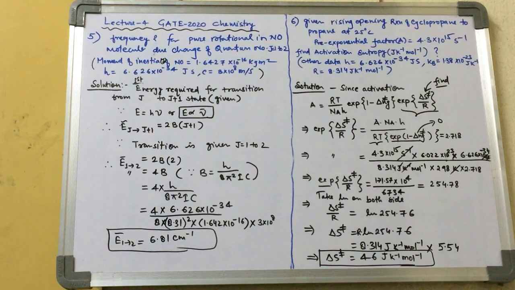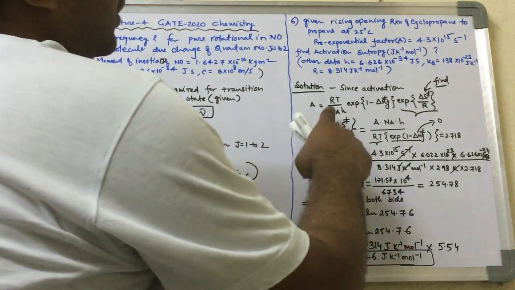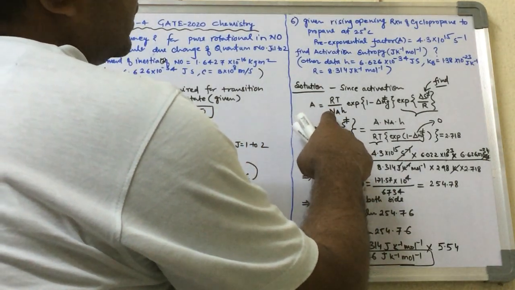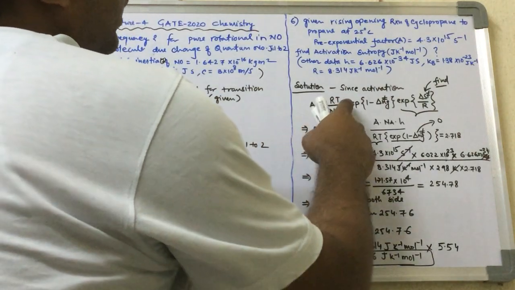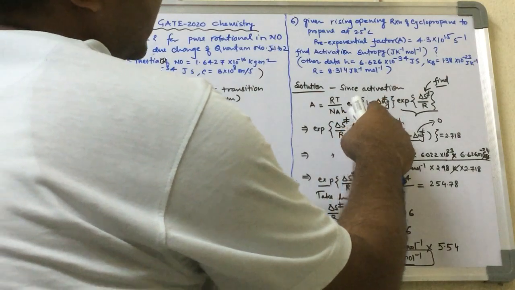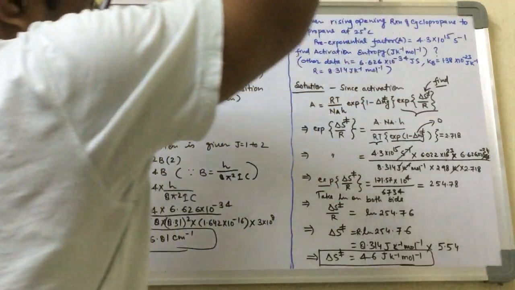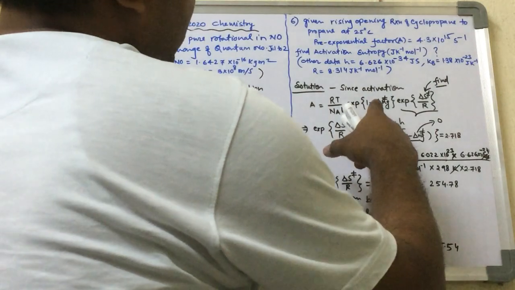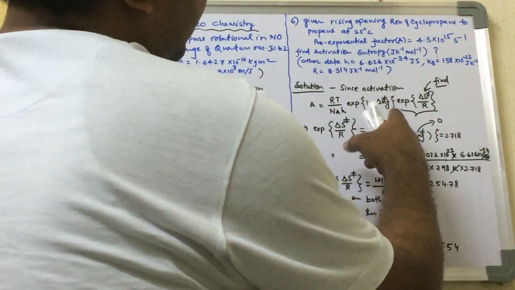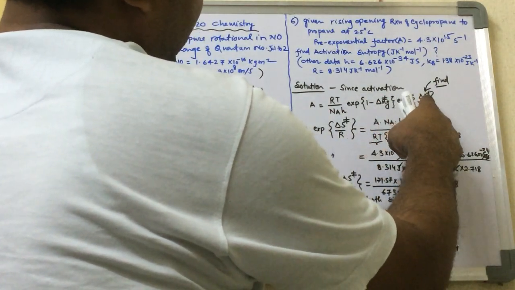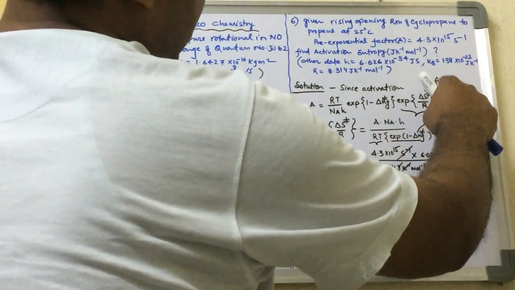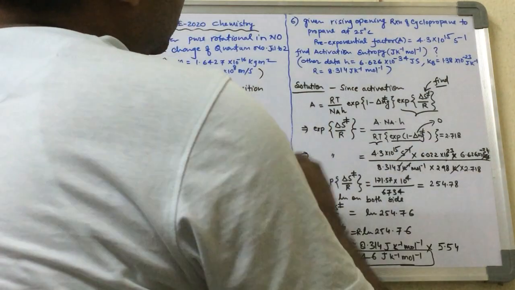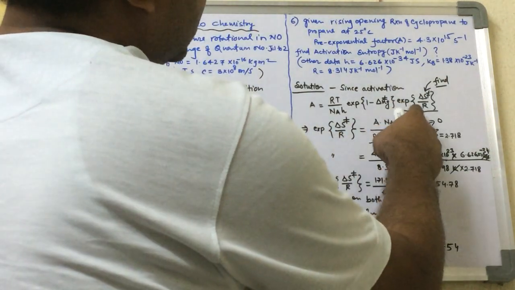So simply apply the formula. As we know, the rate pre-exponential factor A is equal to RT upon N_A h, where N_A is the Avogadro number, h is Planck constant, into exponential of 1 minus delta Ng, and delta Ng is the difference in the number of gas molecules here, and into exponential of del S activation upon R. Okay, so here we have to find this activation entropy.